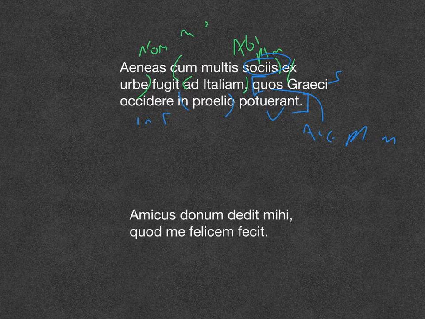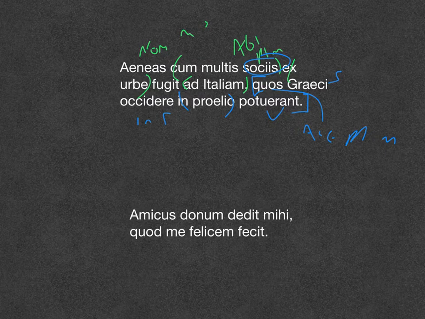But the quos through potuerant clause, I think, is a very good example of a relative clause modifying something before it that has multiple options. So you have Aeneas, sociis, urbe, Italiam, all options, but because it is plural and masculine, the sociis is the only one it could possibly go with.